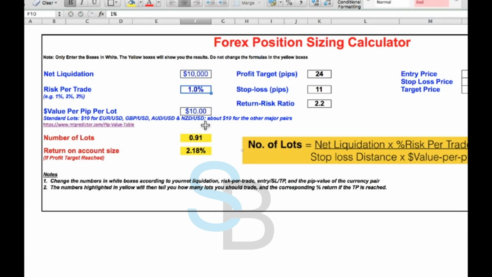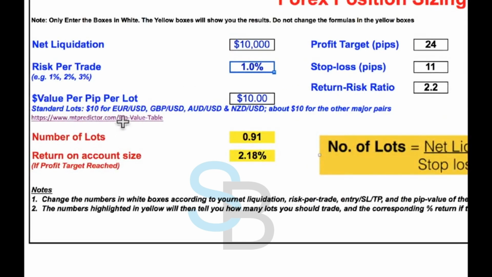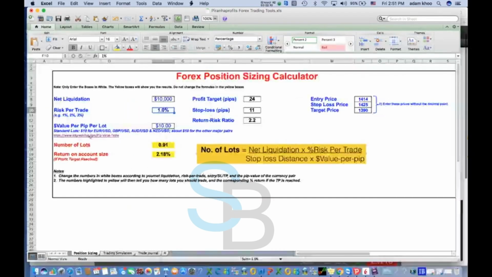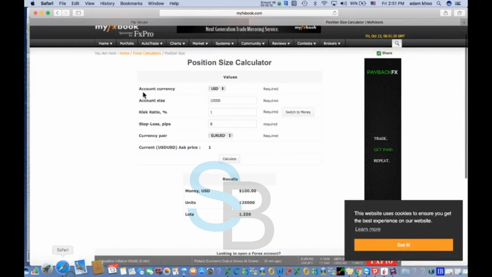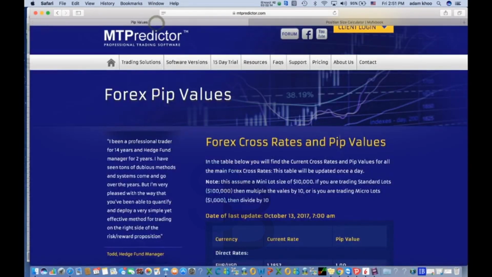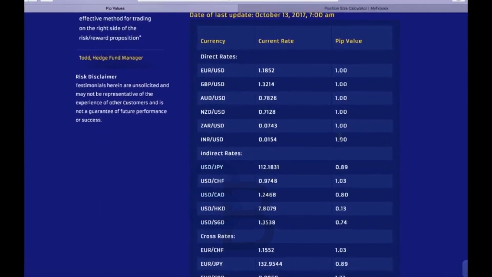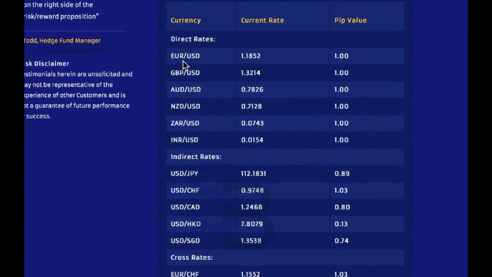Now the dollar value per pip, what is it? Okay, again, for most US dollar pairs, you can just use $10, right? You want to be precise, go to this website, which I've mentioned before. That's this website over here. For example, if you're trading Euro USD, you use $10, right? Just multiply by 10.